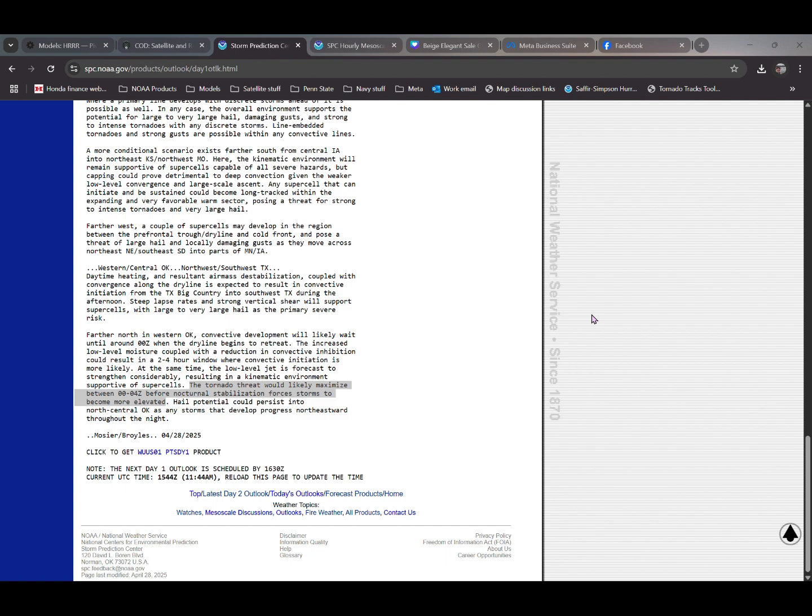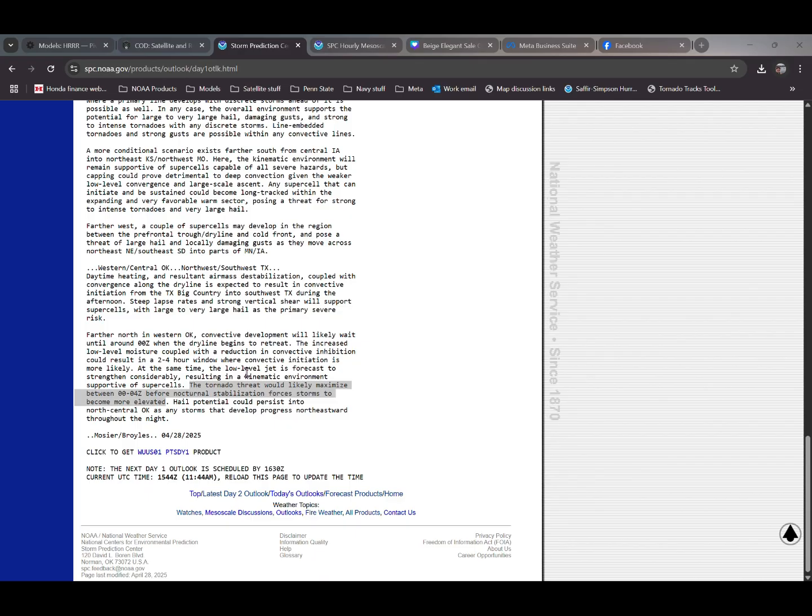With all those factors in mind, taking a look into the SPC's forecast discussion, they do highlight that the tornado threat will maximize between 7 p.m. and 11 p.m. before the nocturnal stabilization forces storms to become more elevated.